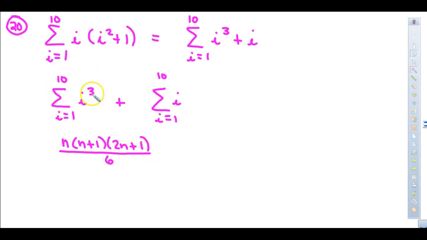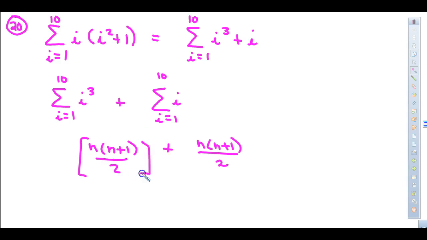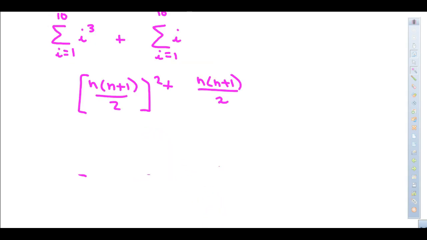That is not the sum of my cubes right there. Why'd y'all let me write that? Let's try that again. That's the sum of my squares. The sum of my cubes is n times n plus 1 all over 2 squared. There we go. The sum of my integers is n times n plus 1 all over 2.